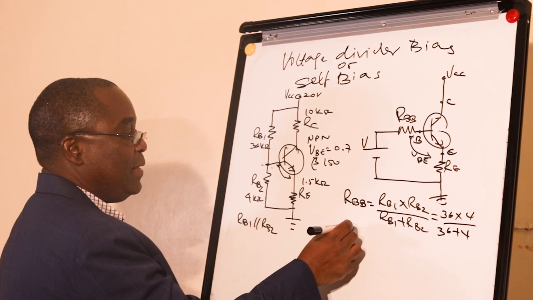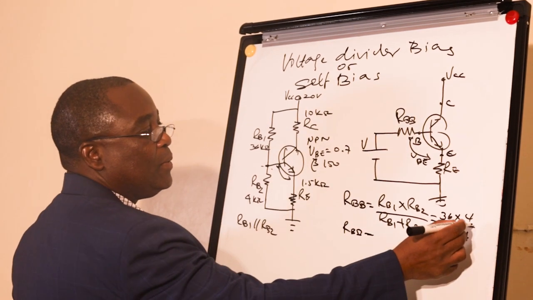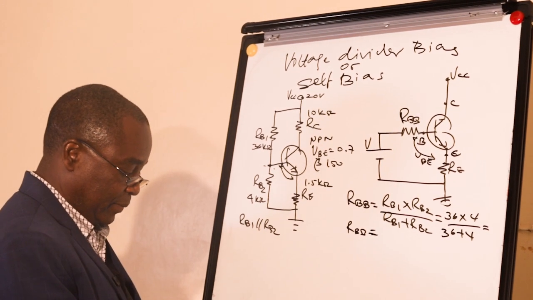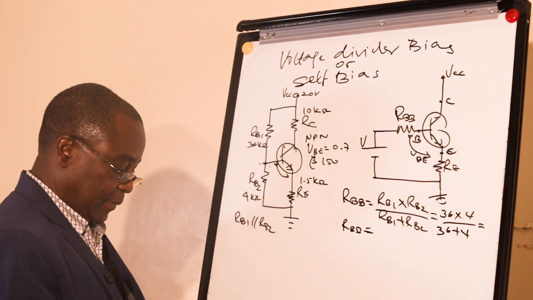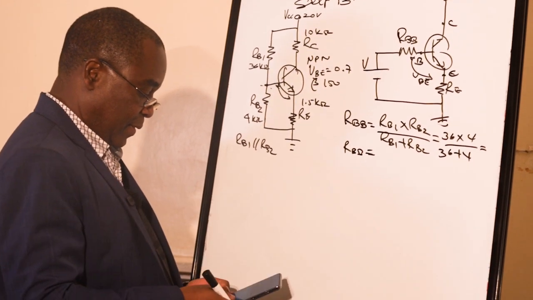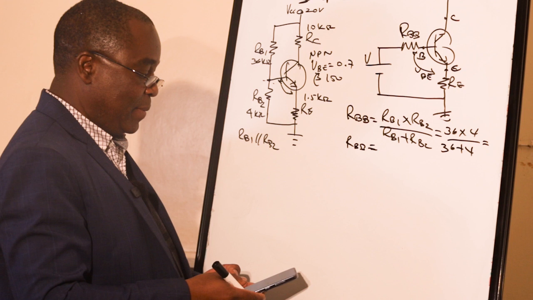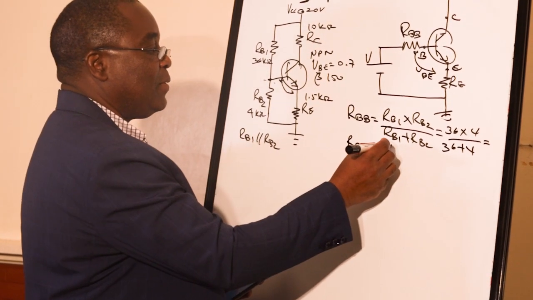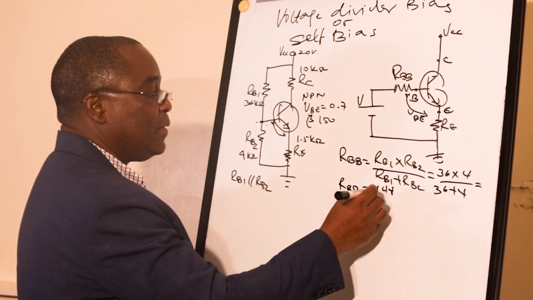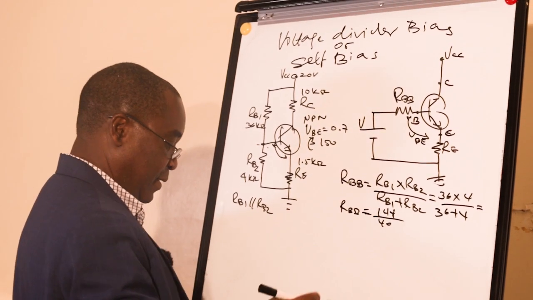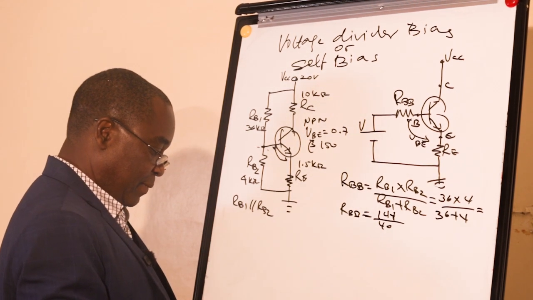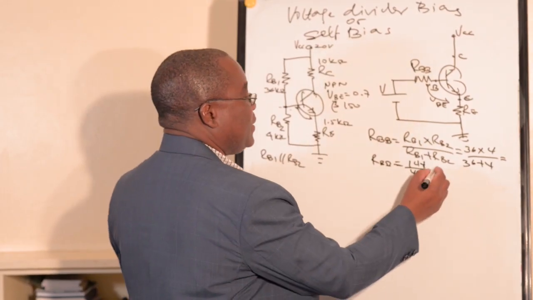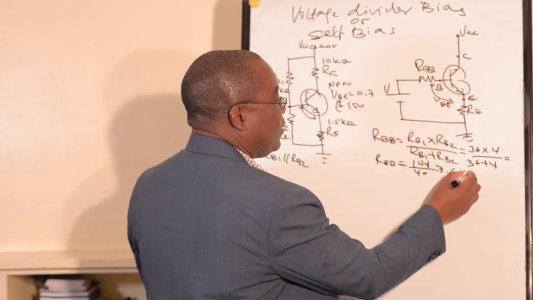By calculator, this is just simple algebra: 36 times 4 is equal to 144, divided by 40, is equal to 3.6 kilo ohms.